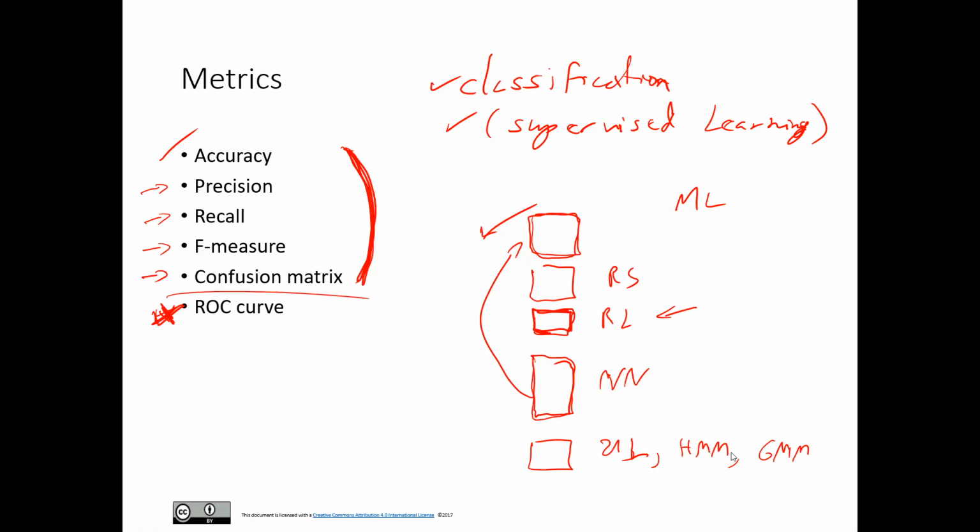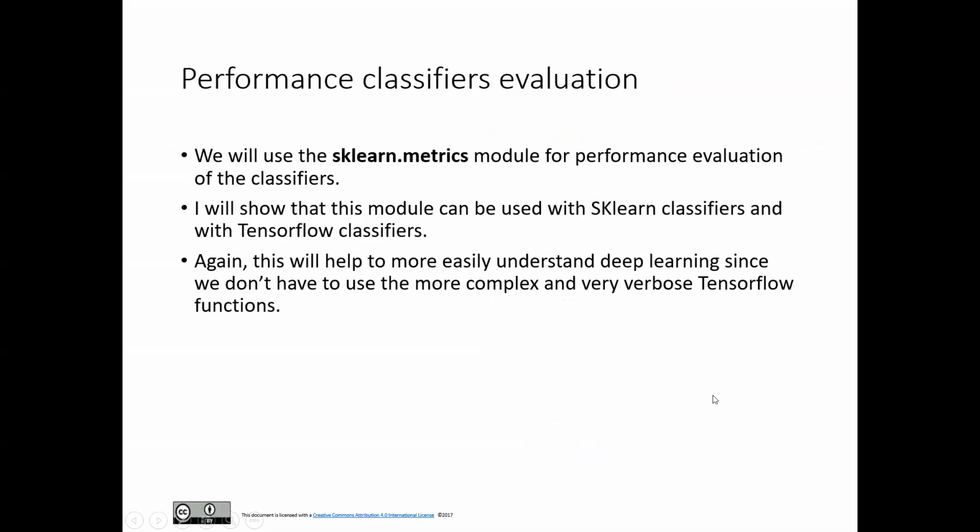So then we can move on to evaluation, the performance of classifiers. Although you did the accuracy by hand and learned how to calculate accuracies by hand, going forward we will just simply use sklearn for this.